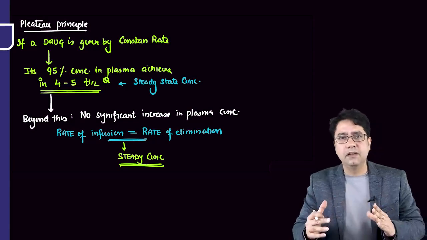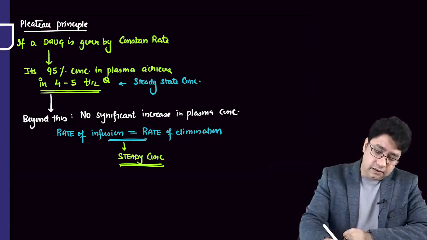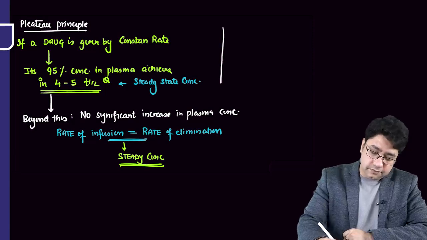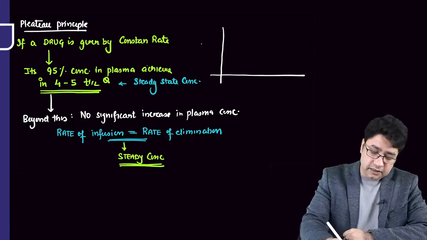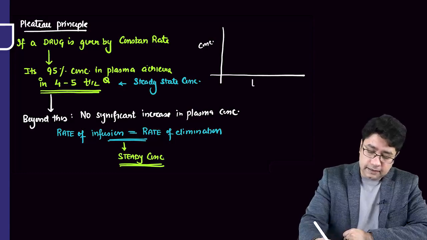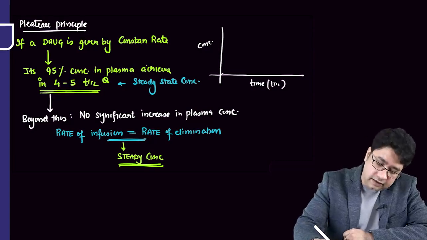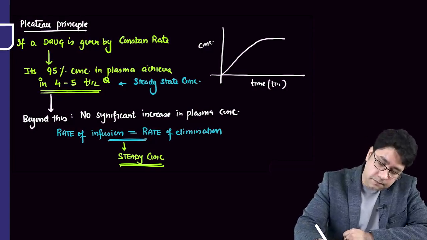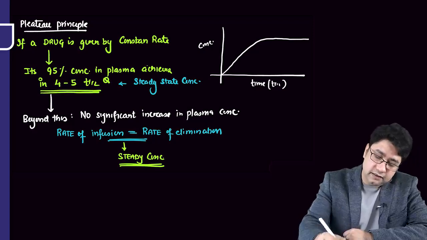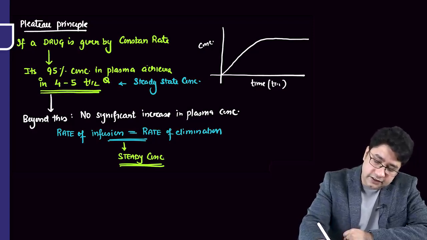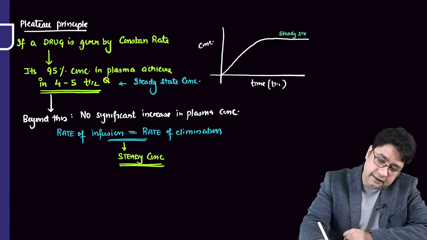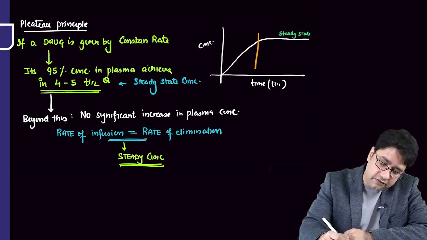Let's make it simple and make a diagram of it. So plasma concentration, time in half-life. Just make a graph like this. So this is the steady state concentration. And this steady state concentration of a drug is achieved in how many half-lives?